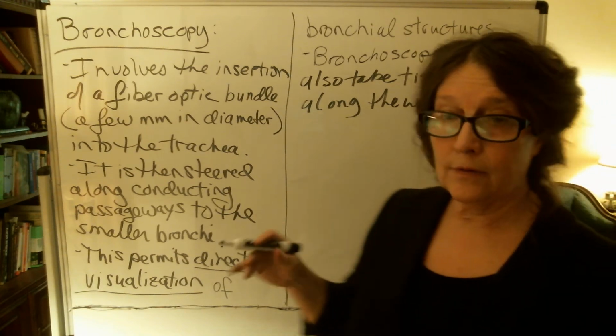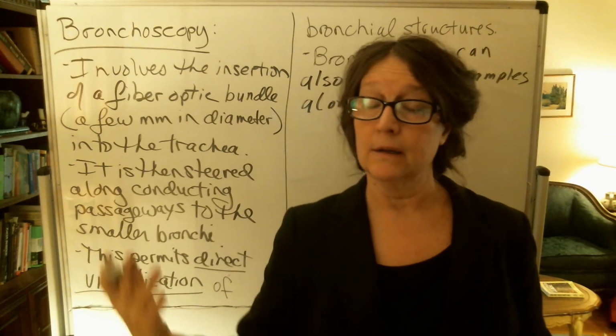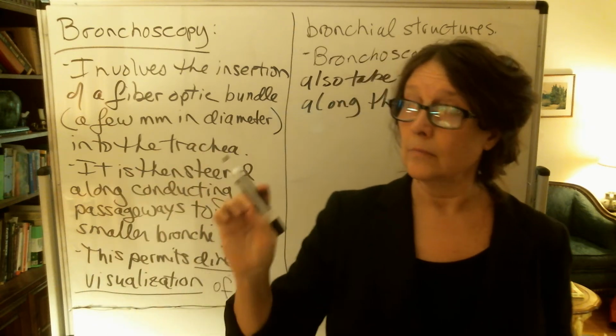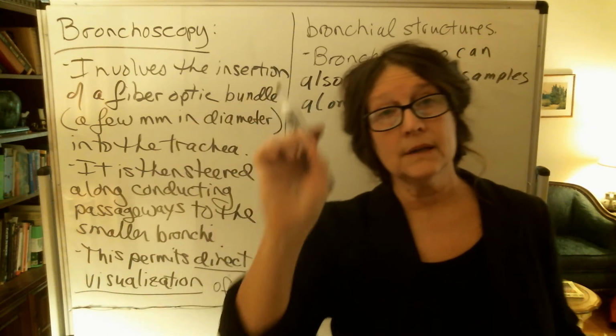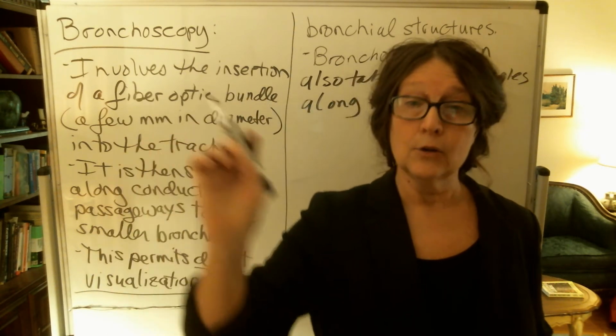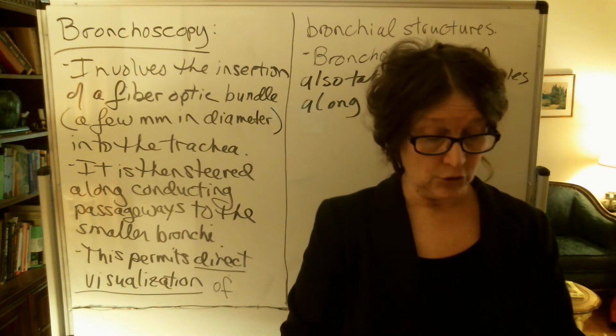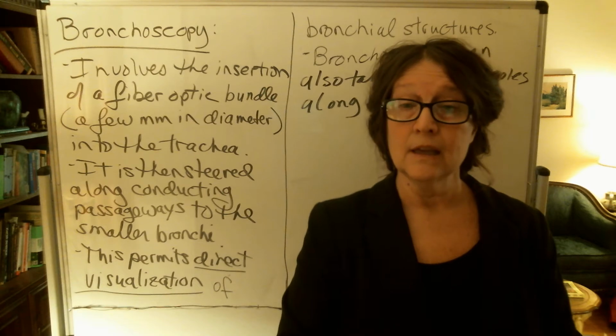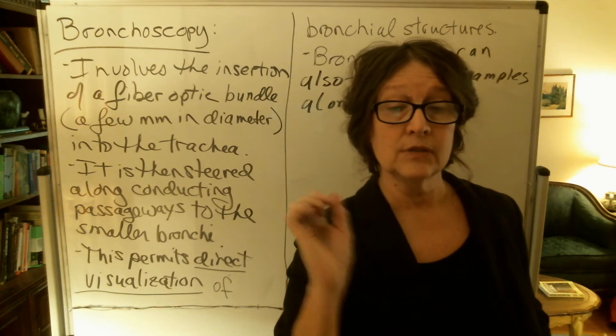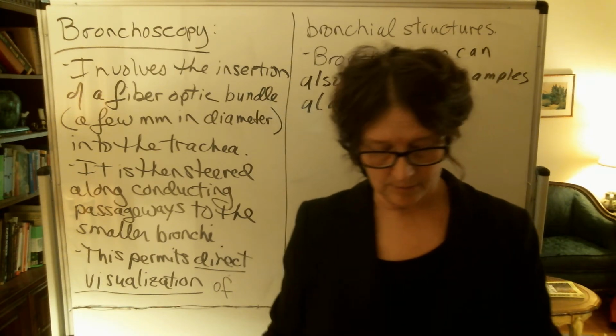So you have detected an abnormality on the bronchial tree. You can put in a bronchoscope and take a look at it up close. You can also take a sample of that specific tissue, which is also an amazing thing, so that you can find out what that specific tissue may have wrong with it.